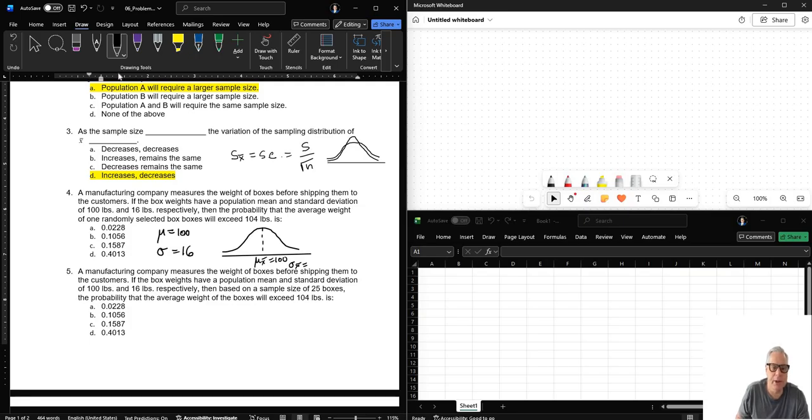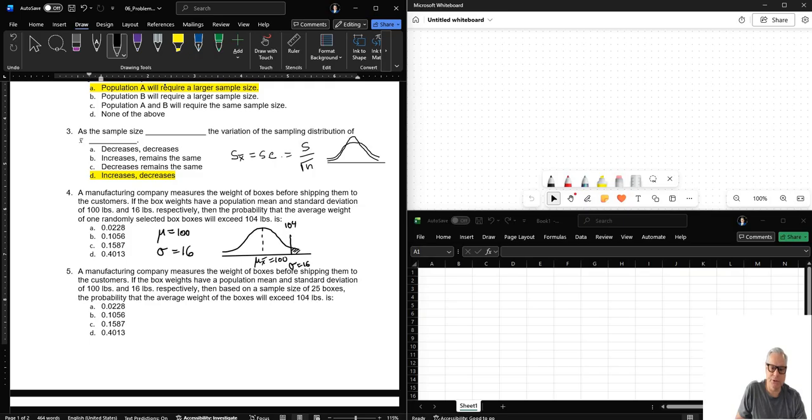But here we don't have a sampling distribution, we just have a single box, so the standard deviation is just 16. Okay, so now the question is, what's the probability that the average of 1, so we don't have a sample, we just have 1, averages out to 104 or more.